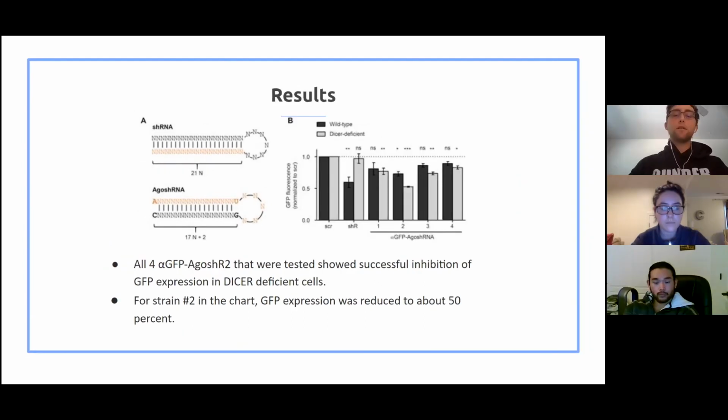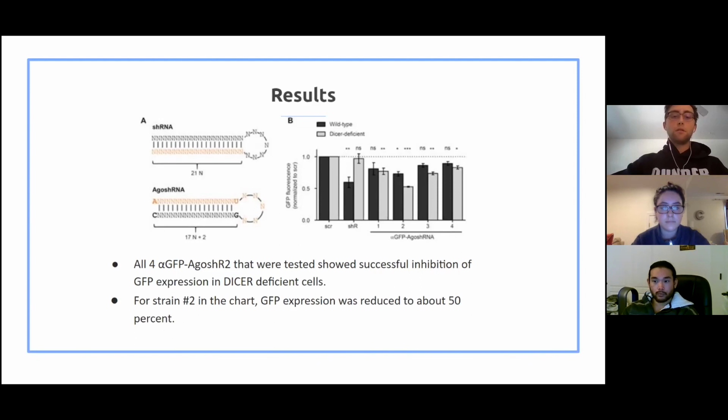Conventional shRNA also failed to reduce GFP translation in dicer deficient cells. However, all 4 anti-GFP AGO shRNAs that were tested showed successful inhibition of GFP expression in dicer deficient cells. And for strain number 2 in the chart, GFP expression was reduced to about 50%.